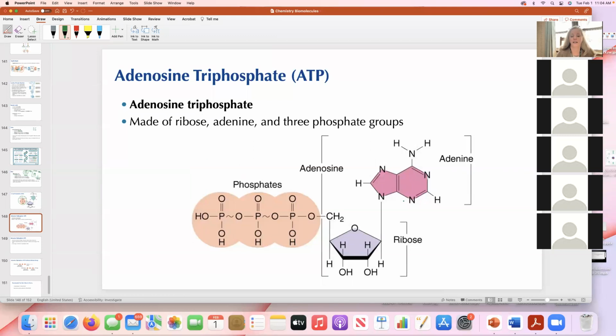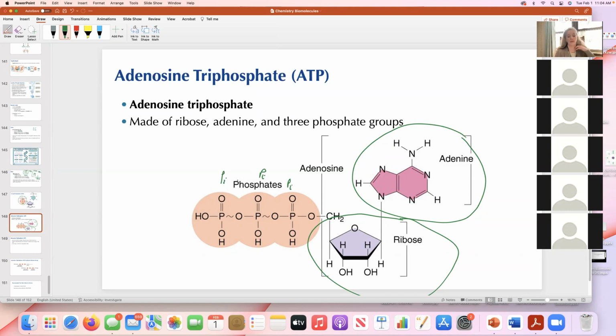Adenosine triphosphate, you'll see, is made of ribose down here. That should look familiar. Okay. Adenine. Okay. That should look familiar. And then it has 3 phosphate groups. Sometimes they're written like Pi, and Pi for abbreviations. Okay.